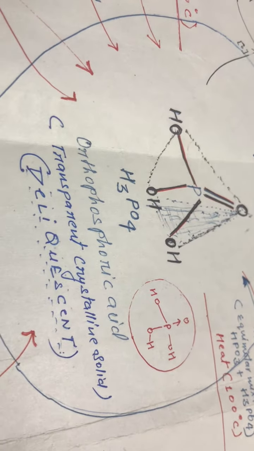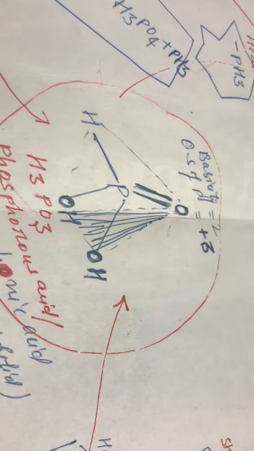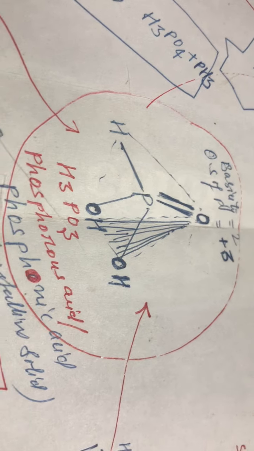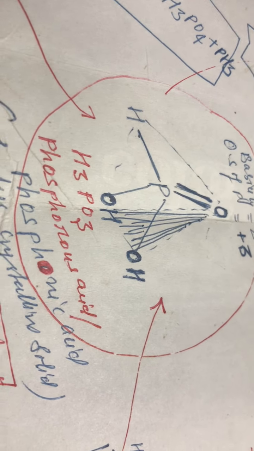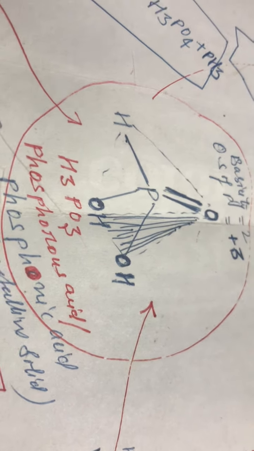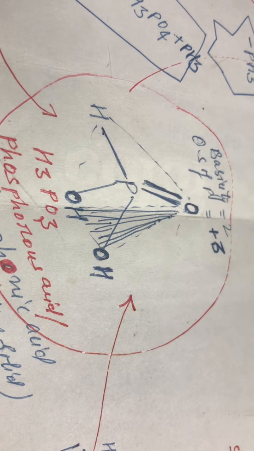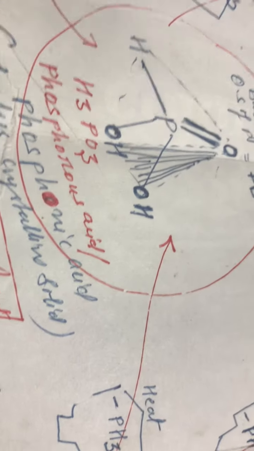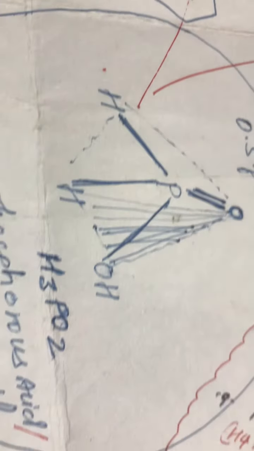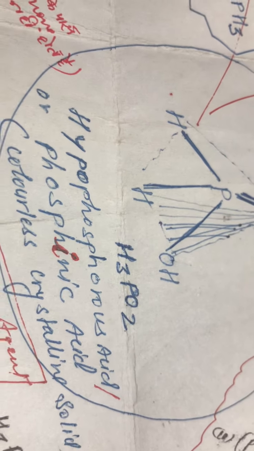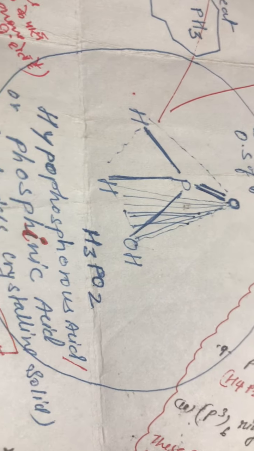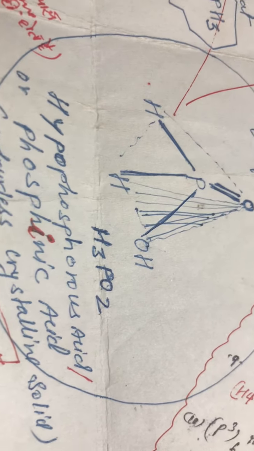If you remove one oxygen from orthophosphoric acid, you will get orthophosphorous acid. This is phosphorous acid. Its nickname is phosphonic acid. Its oxidation state is +3. That's why it is ous. If you remove one oxygen from it, you will get phosphinic acid. This is phosphinic acid, also known as hypo, because it is having less oxygen. That's why its name is hypo. You can see very clearly.